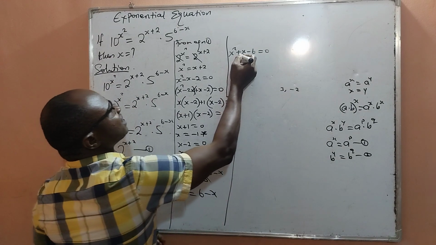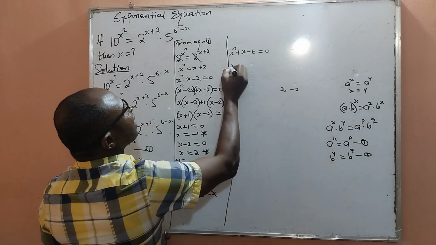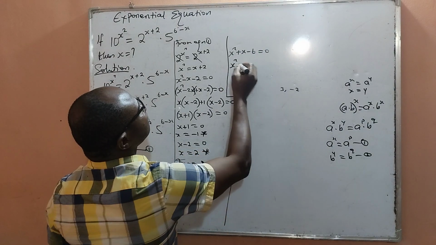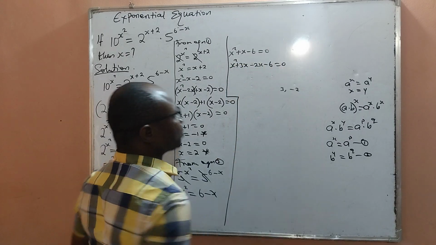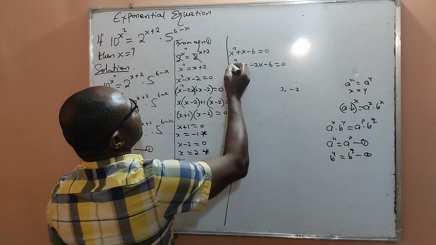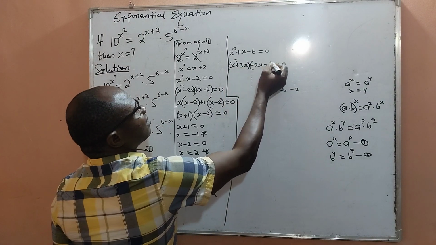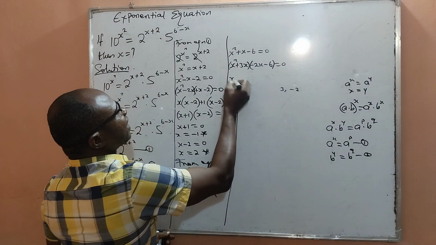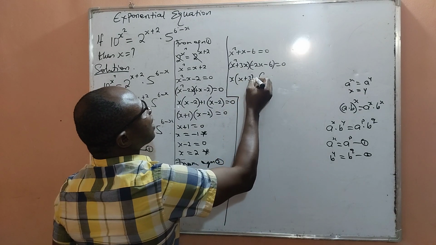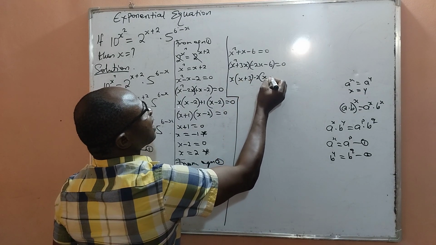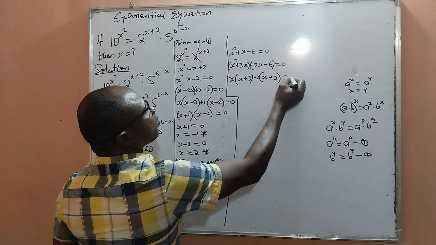So I will use it to replace the middle term to have x squared plus 3x minus 2x minus 6 equal to 0. Factorizing it, in the first bracket I have x common, so that I have x plus 3. In the second bracket I also have minus 2 common, so that I have x plus 3 equal to 0.